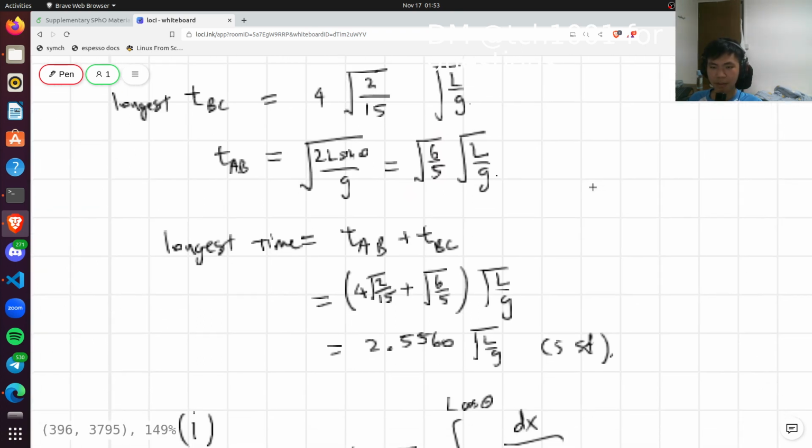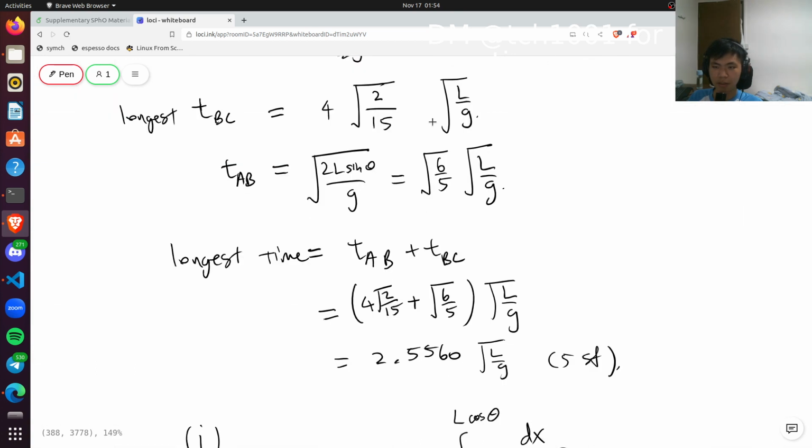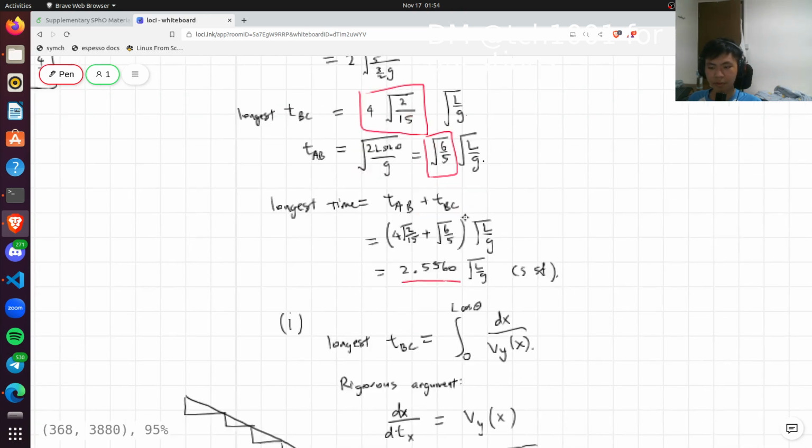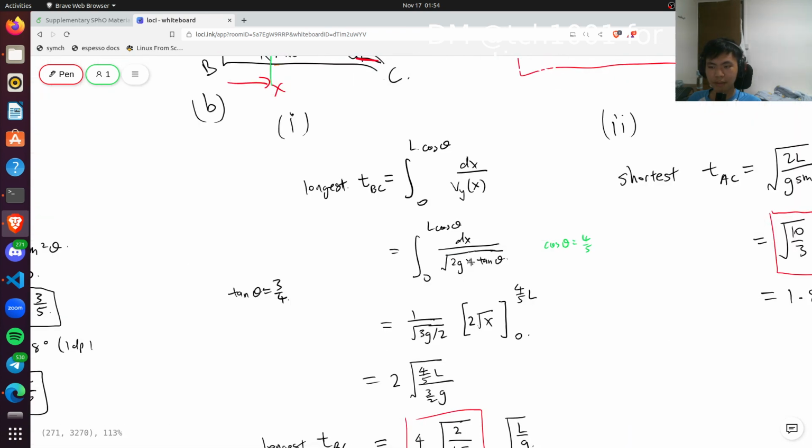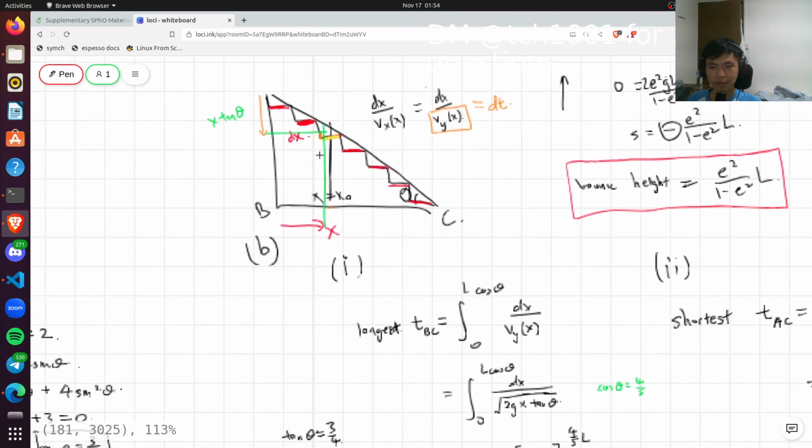So all in all, the answer to B is this plus this, and if you evaluate it out numerically, you get this answer. So that's the longest time possible. And this is a very foolproof way: you reason it out using integrals.